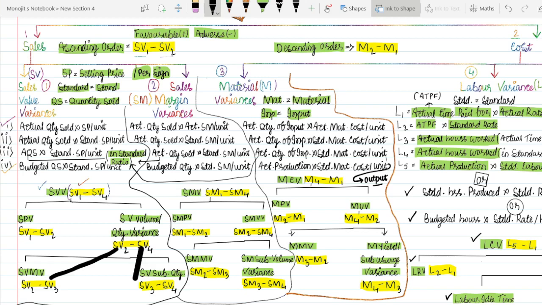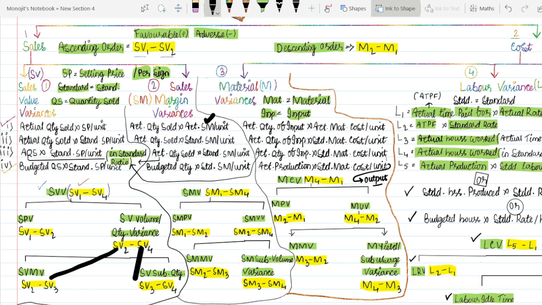So sales margin variances is totally similar to sales value variance, because in sales margin variance you have to multiply all the components of sales value variance with the actual sales margin per unit.